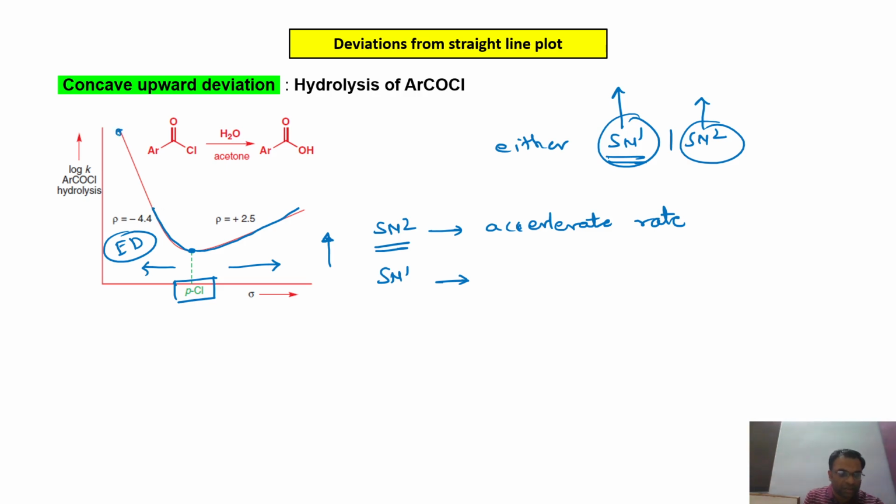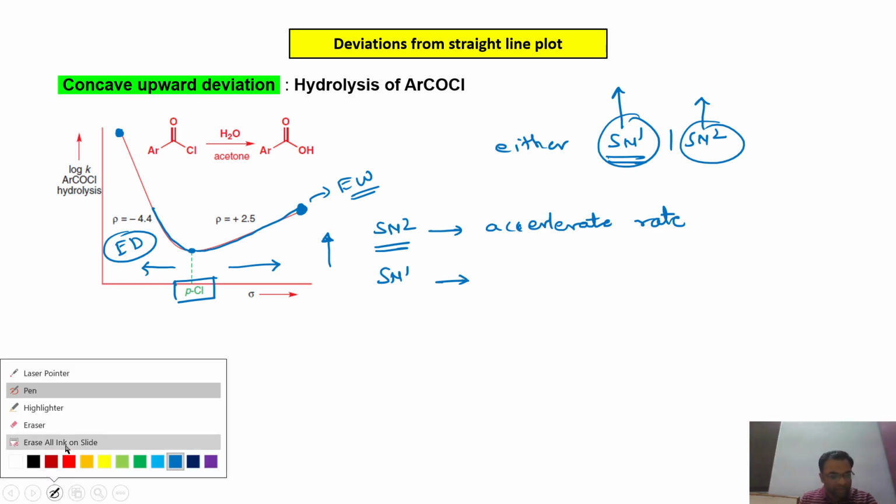This is the strong electron donating substituent, and here is the strong electron withdrawing substituent. So in this way, as the mechanism of reaction changes, we have a concave upward deviation.